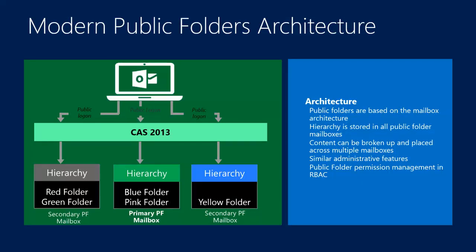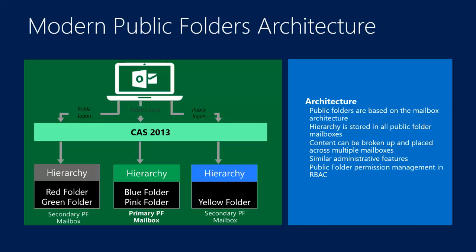So as I said, the architectural change is that public folders are based on the mailbox architecture. This means they can be part of your DAG, they can be part of database copies, they are part of your regular backups. You don't need to consider another backup for just public folders anymore. The hierarchy, as I mentioned, is stored in all public folder mailboxes.